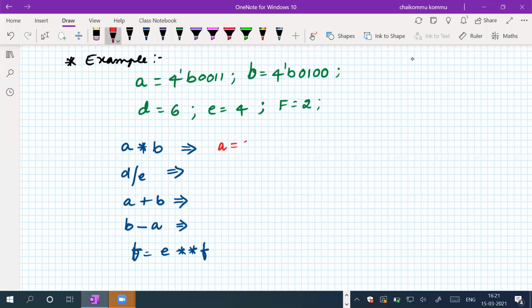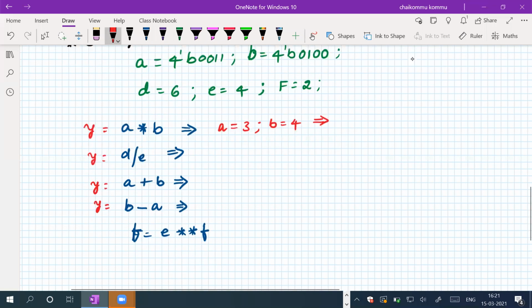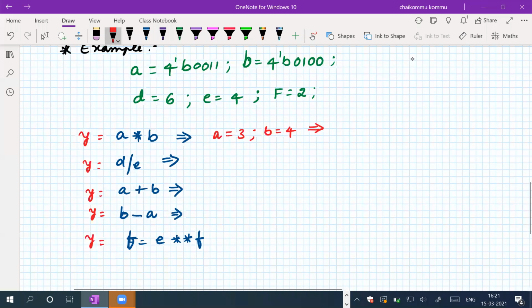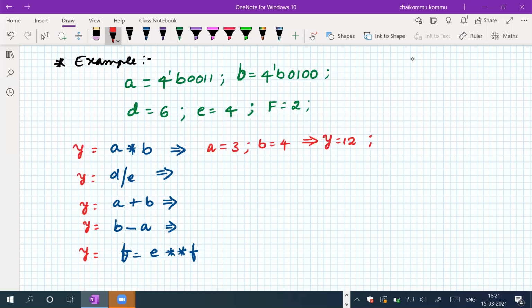So Y value becomes 12, but that is represented in number format. Therefore, Y is represented as a 4-bit 1100.